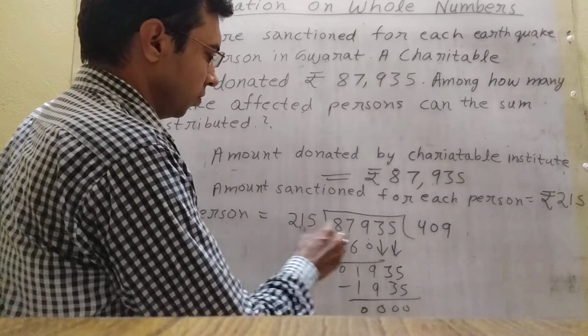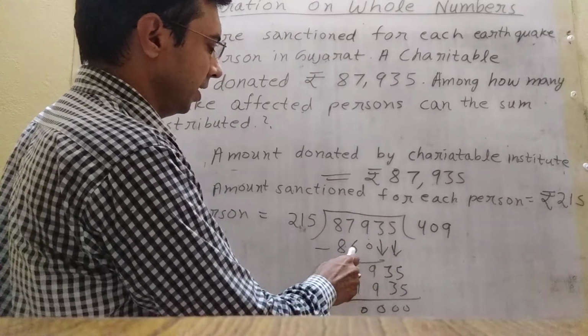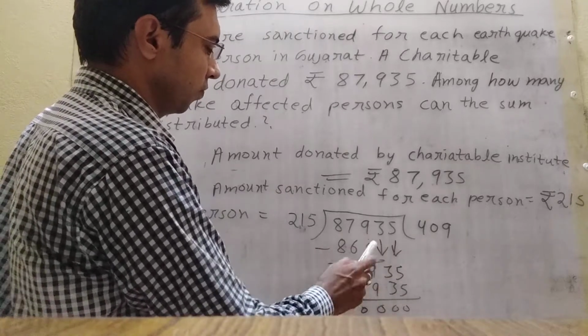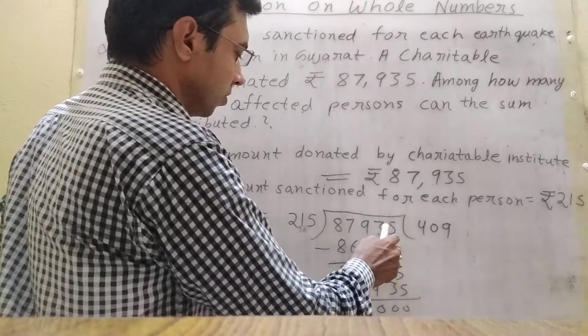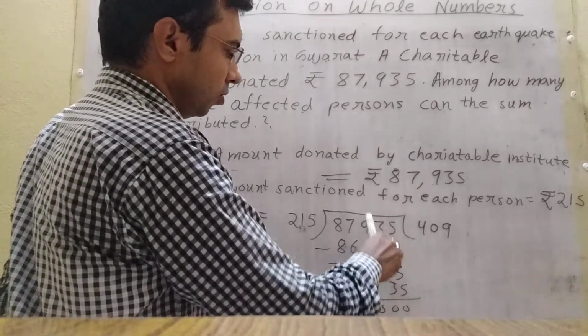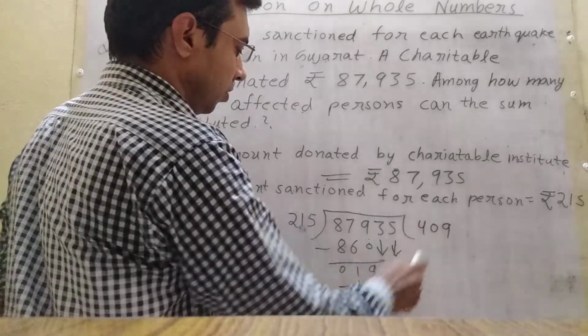So 215 multiplied by 4, 860. 9 minus 0, 9. 7 minus 6, 1. Student, now write down this 3 and 5 both. When we write down both the numbers, we put 0. So put 0 here.